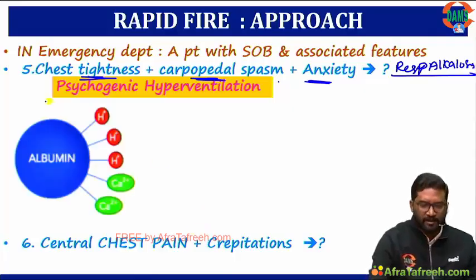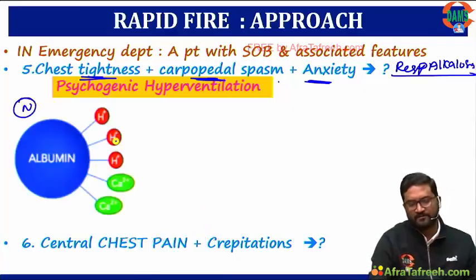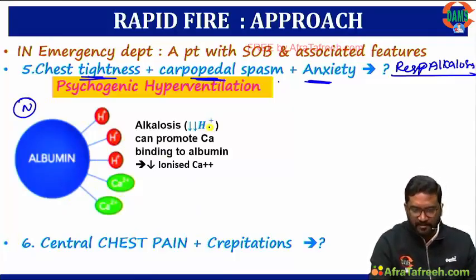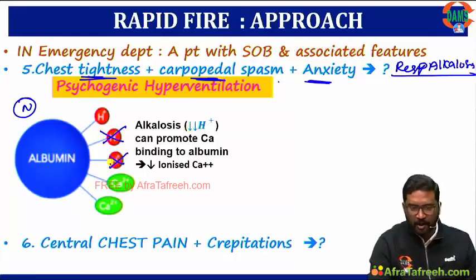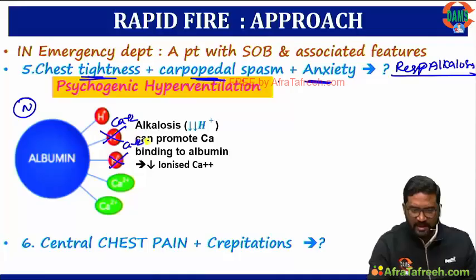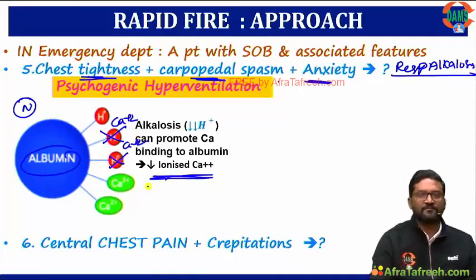In a normal individual, albumin is having H plus and calcium. Now in alkalosis, H plus is reduced. So H plus are decreasing. Now all these sites will remain free, so calcium will come and bind to these sites. Because calcium is binding to albumin, free calcium in the blood will reduce.